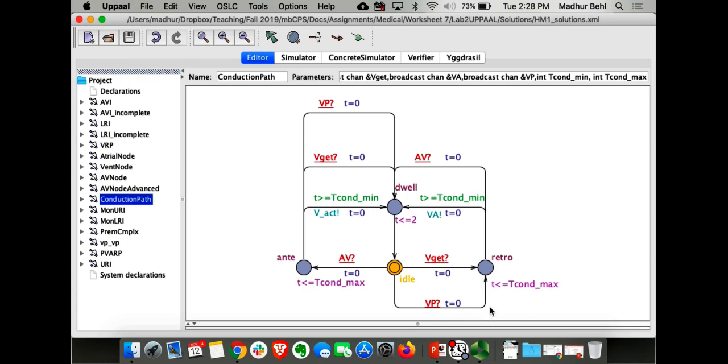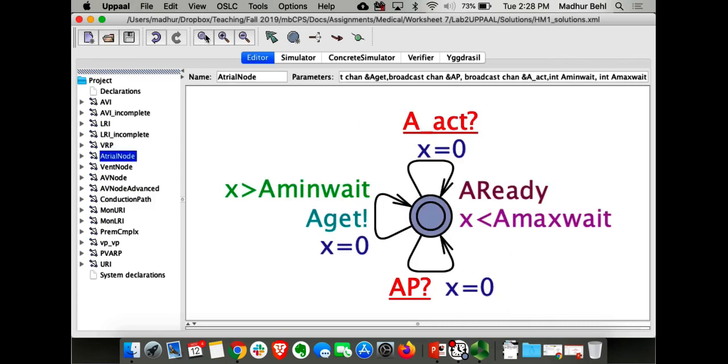So any questions so far on these templates of the atrial, ventricle, AV and conduction path? If you have any doubts over why this is the way it is or how it is different from Simulink, we can go over this again. This is what the atria was like. Very different from Simulink, but more permissive in functionality.